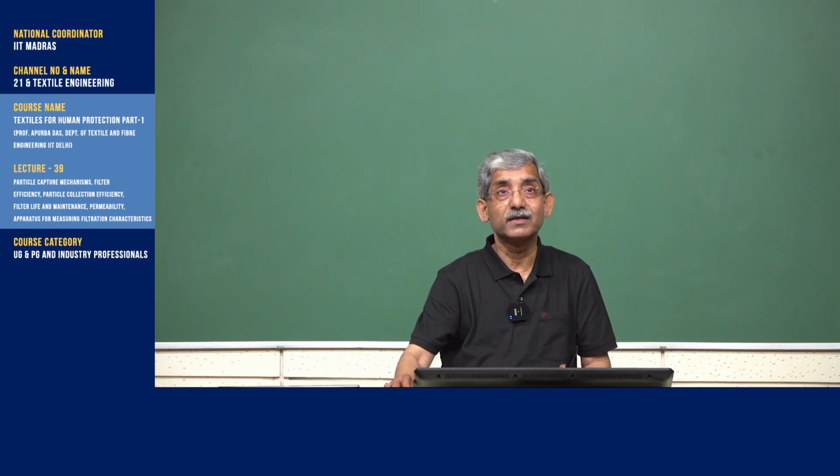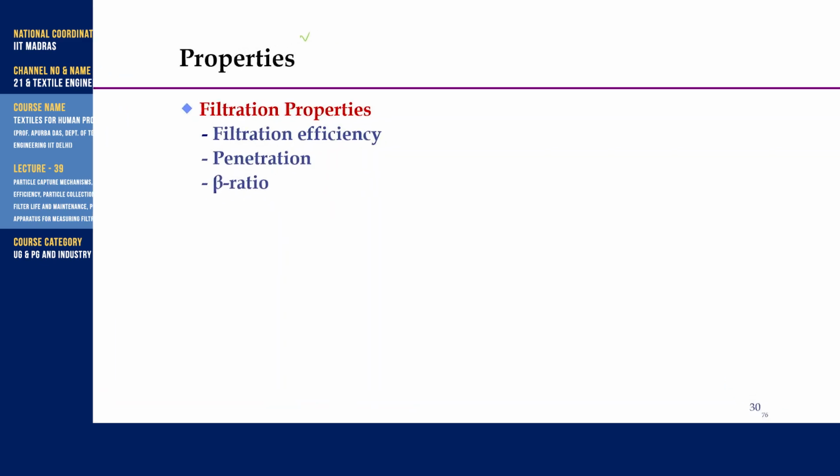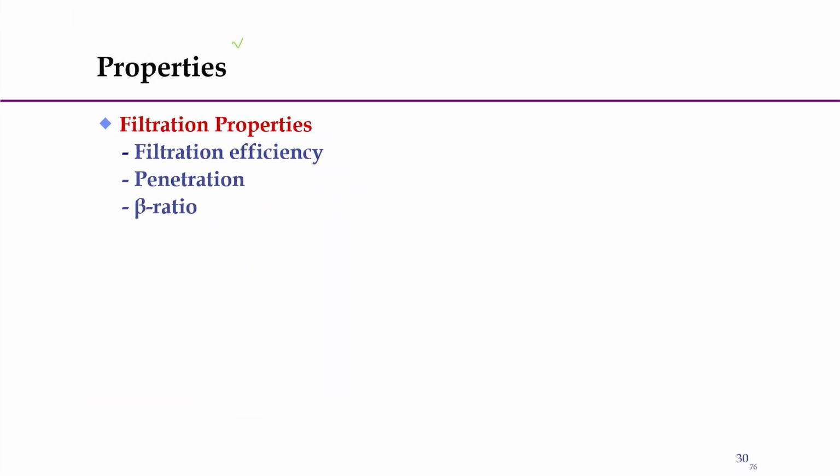Now, the properties of filters are expressed in different ways. The filtration properties are expressed in terms of filtration efficiency, penetration, beta ratio, pressure drop.